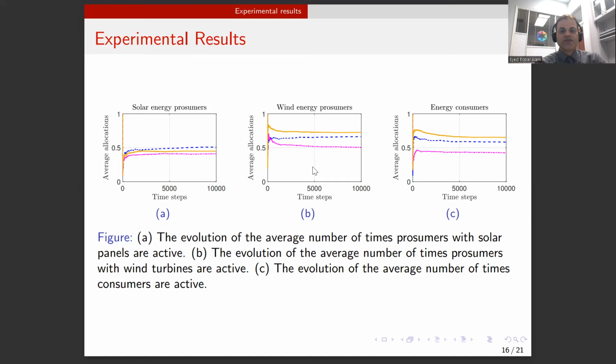And similarly, in figure B, we can see that the average number of times prosumers with wind turbines were active also converges over time. Similarly, in figure C, the evolution of the average number of times consumers were active also converges over time.